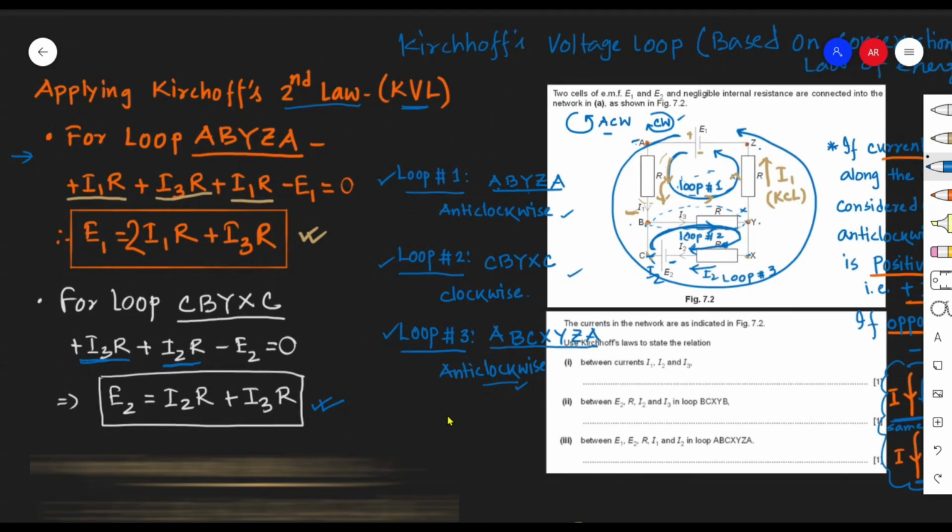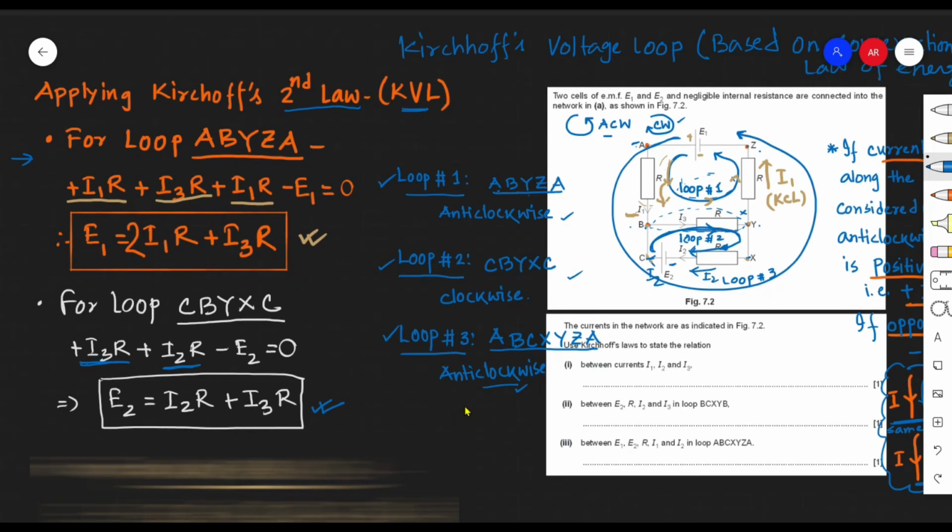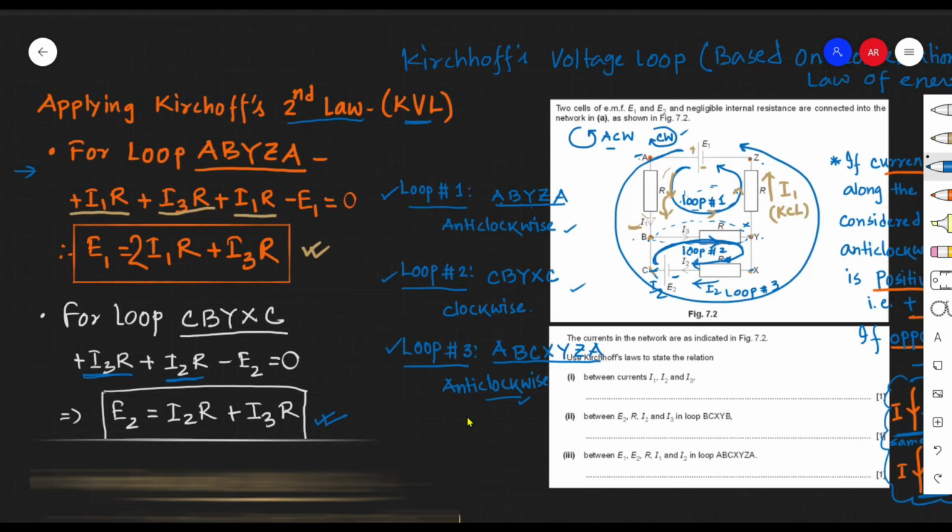Now I advise you right here, pause this video and do it yourself for this ultimate loop, the final loop A, B, C, X, Y, Z, A. For this loop, what should be the relationships, what should be the Kirchhoff's voltage loop so that we can get an expression in terms of the batteries, currents, resistors concerned in this loop.